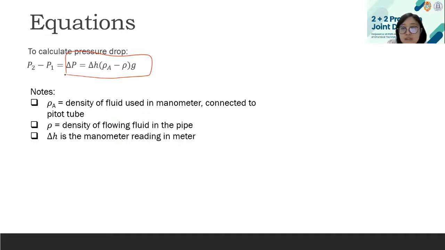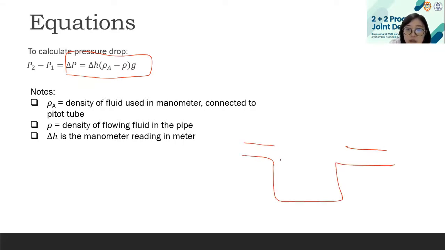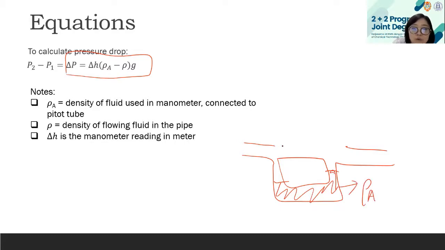Rho A is the density of the fluid used in the manometer; if I have a manometer, this is rho A. While rho is the density of the fluid flowing through the pipe.